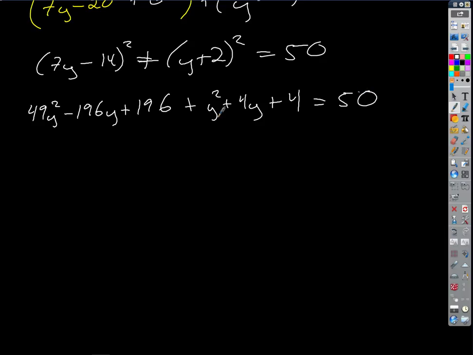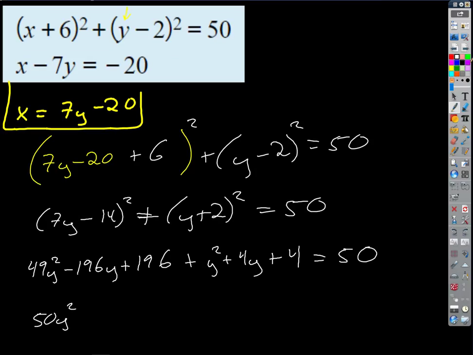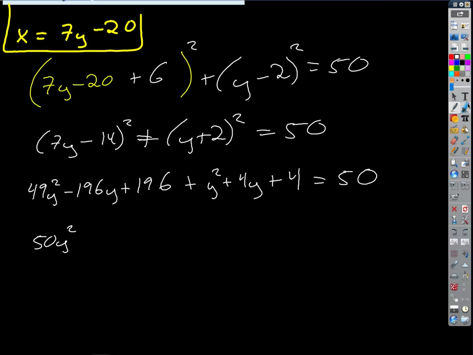So y squared plus 49y squared is 50y squared, good. Sean, what's negative 196y? Let's see, did I write this down wrong? Oh, that's supposed to be a minus 2, isn't it?